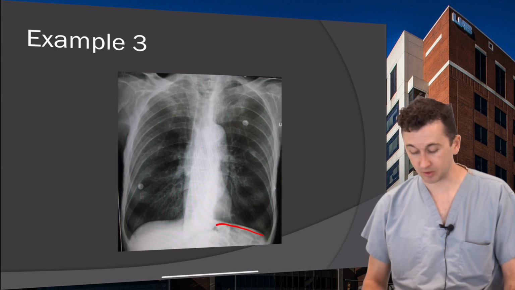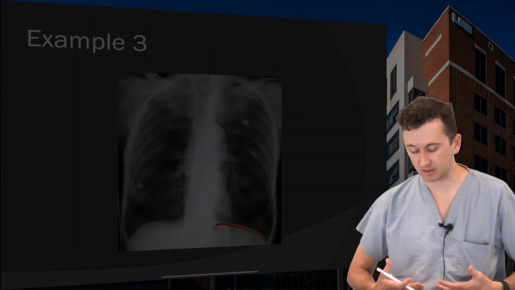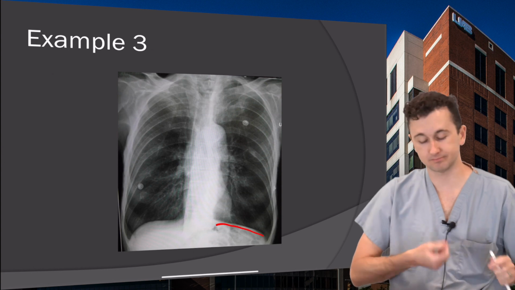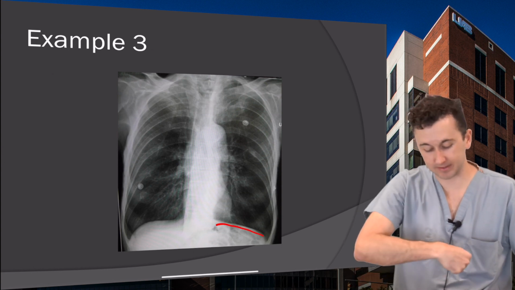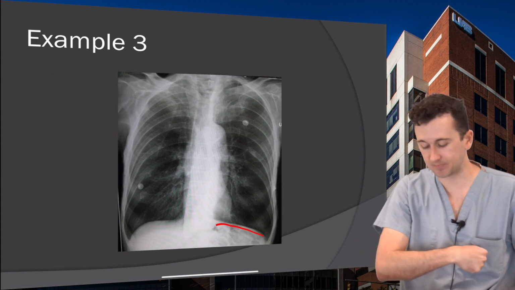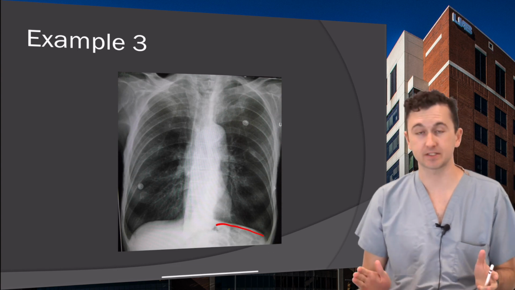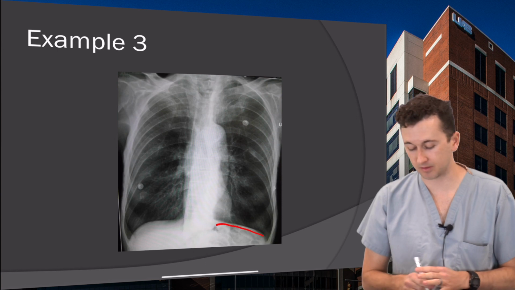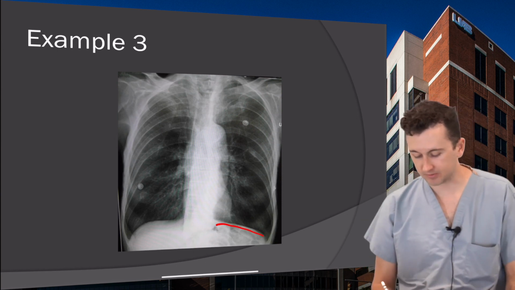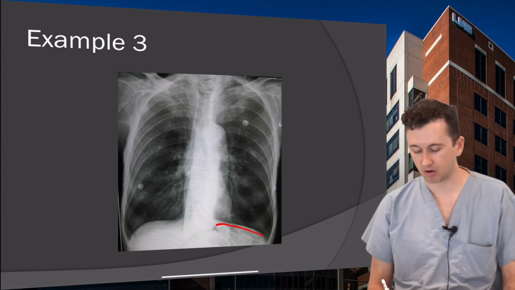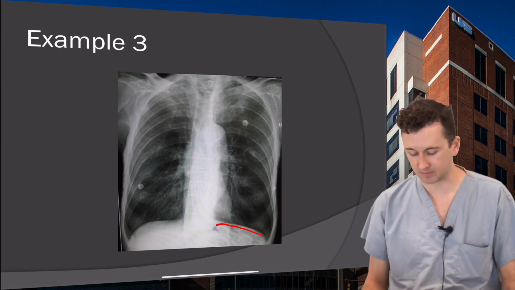If you have COPD and you have hyperexpanded lungs, your heart isn't able to rest, and so it more dangles. And as it dangles, it rotates more posteriorly. And so a lot of times, I've seen X-rays where you don't even see a heart because it's in line with a vertebral column. But you can see this guy, it looks like he has a really skinny heart, but it's just because it's not resting on that diaphragm.